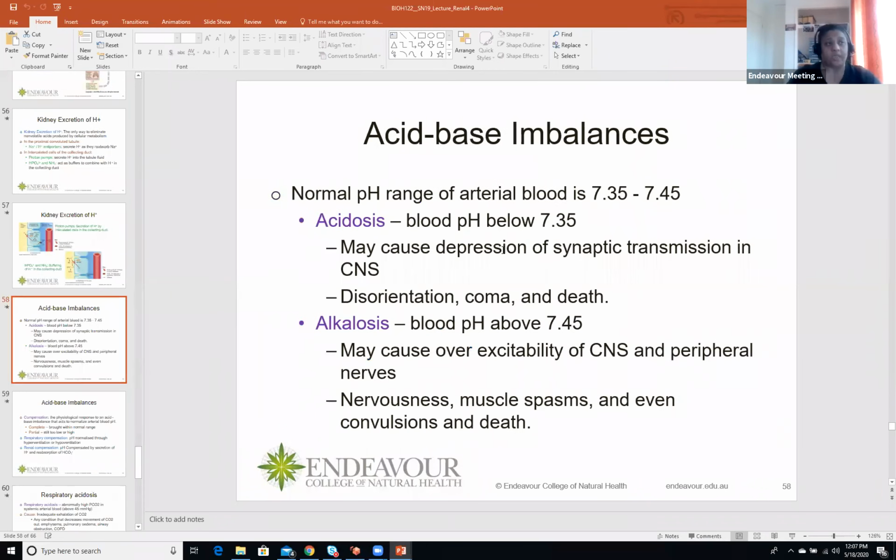Acidosis is basically when your blood pH is very low. Any blood pH lower than 7.35 is termed acidosis. It can be because of respiratory failures, or because of metabolic activity. So there can be respiratory acidosis and metabolic acidosis.